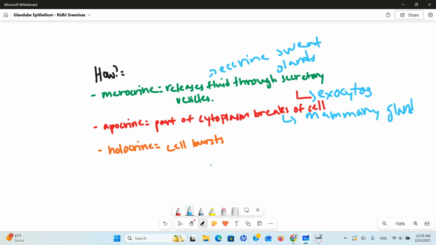So an example of this would be sebaceous glands that secrete oil, which we're going to talk more about when we get into the integumentary system again. But again, this is the most rare form, and this one is the most common.